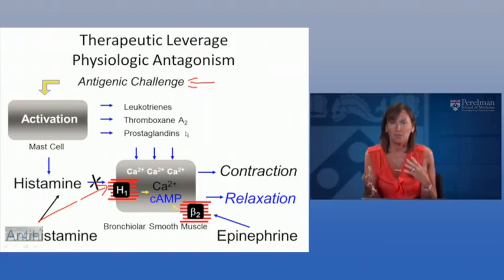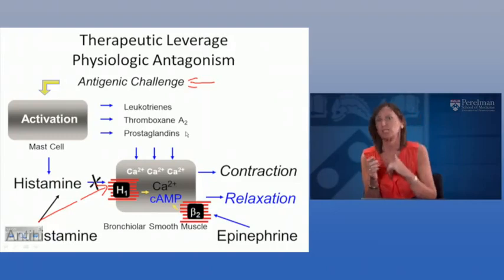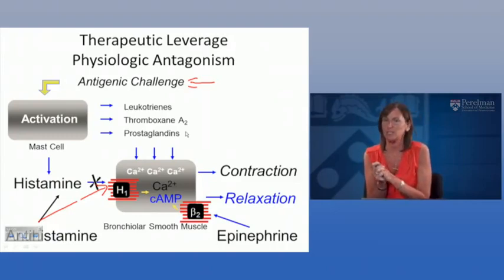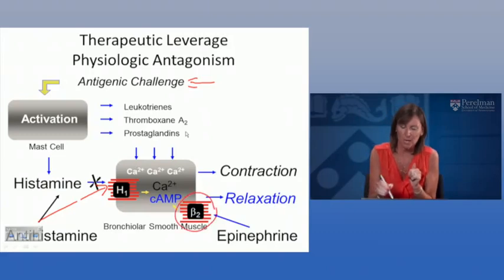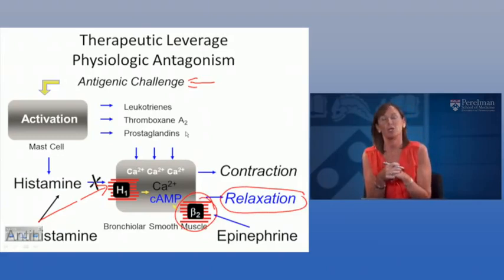Knowing the existence of these two receptors on bronchiolar smooth muscle allows us to administer epinephrine IV in most cases and get an instantaneous response, thinking back to all those PK principles that we've talked about previously. Get a plasma concentration increase rapidly as a result of IV administration, get a therapeutic concentration going whereby you activate this B2 receptor and you instigate the diametrically opposed physiologic response of relaxation.